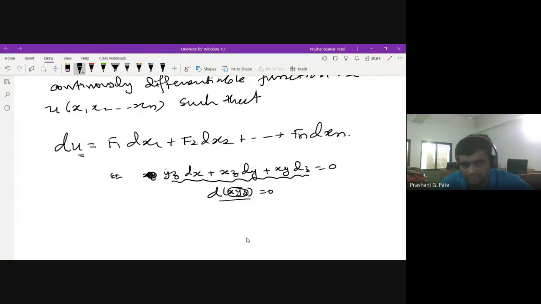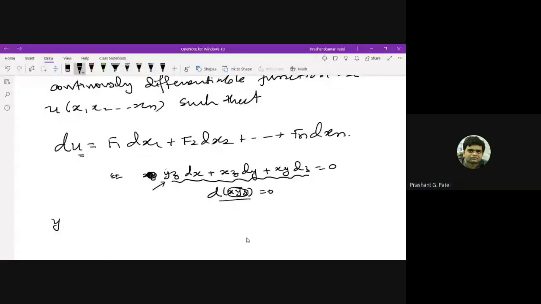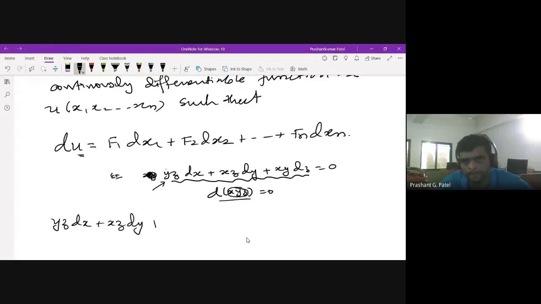So I can say that yz dx plus xz dy plus xy dz is exact. So that is the definition of exact and the example of exact.